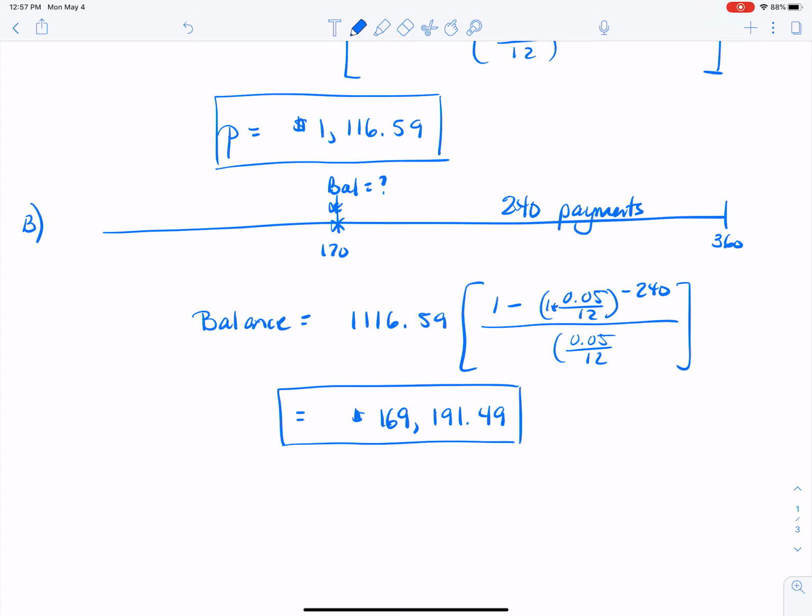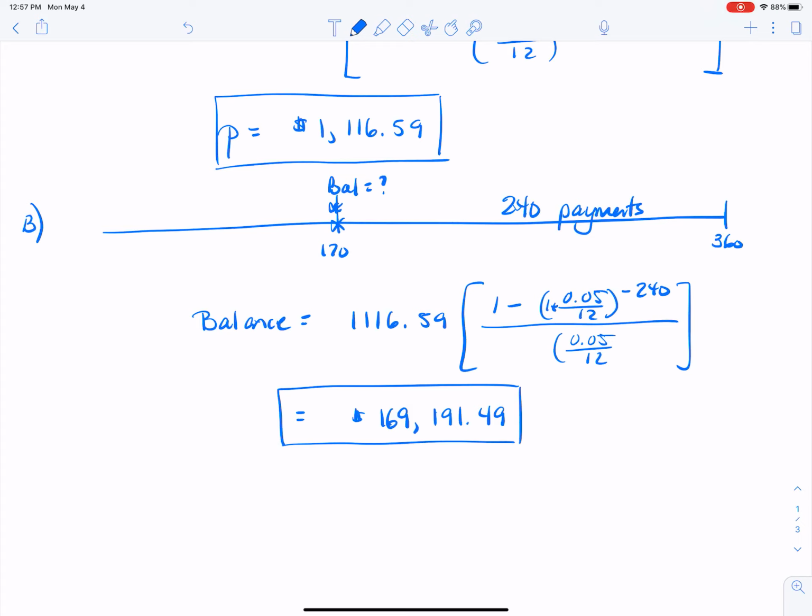So that is 1116.59, all that thing we're so accustomed to by now. It's a long calculation, I know. And that should give us $173,999.77. And yeah, we will leave that all there just because we want it to be accurate.